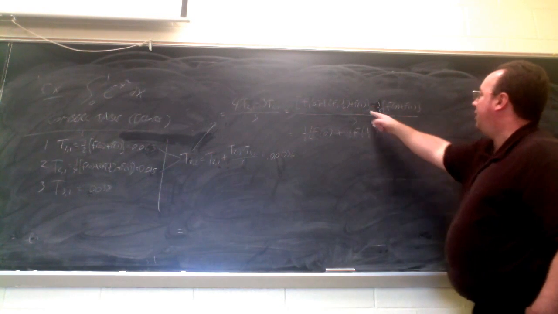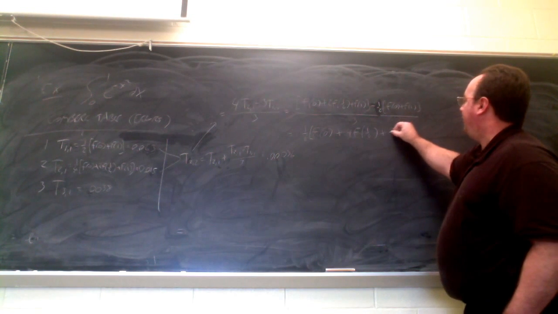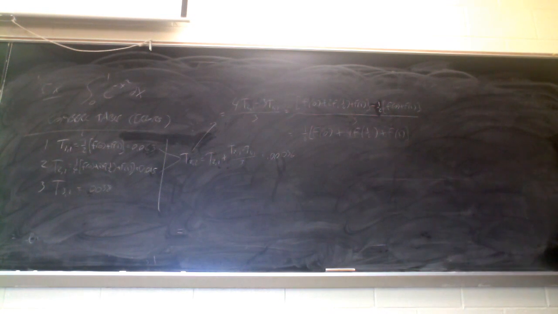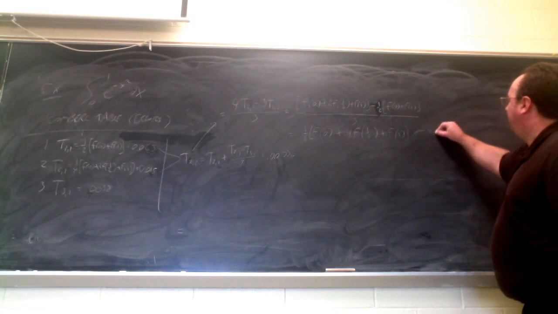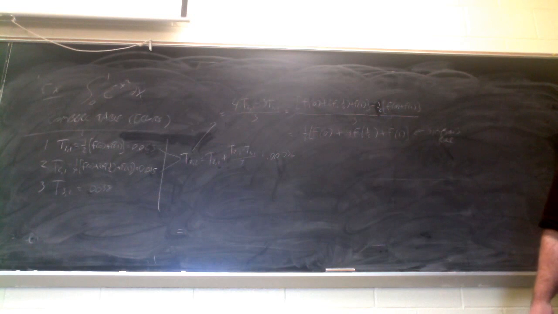And then for f of 1, I have 1/2 divided by 3, so f of 1 over 6. So it simplifies to this after I put all this together. But can anyone tell me what rule that is that you've seen before? Simpson's. It's the basic Simpson's rule. And we saw Simpson's rule is fourth order accurate. So the first extrapolation of the composite trapezoidal rule actually gives you Simpson's rule.